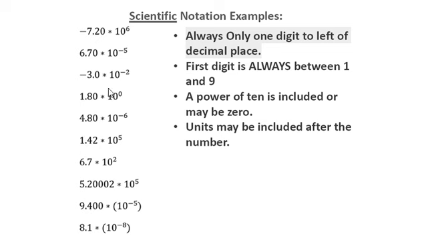Your power of 10 is included, and sometimes it's 0. Units may be included after the number sometimes, meaning like millimeters or meter or volt. Right now there's no unit, since we're just giving you the numbers.